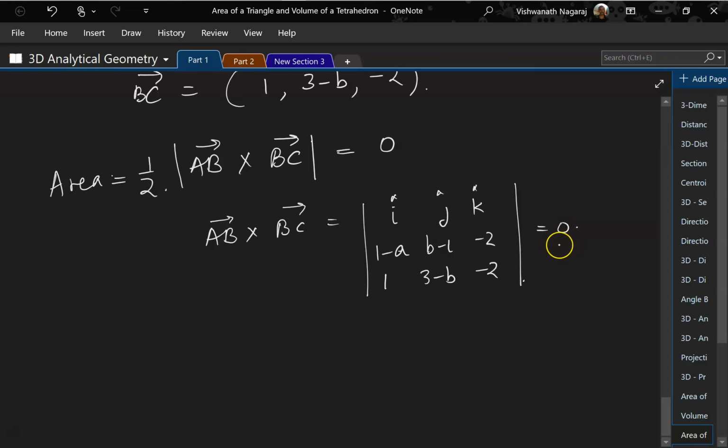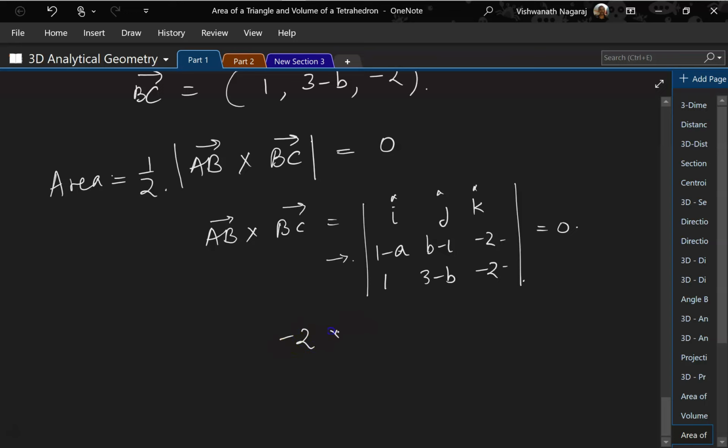Now when will this be equal to 0? Remember in the previous example I mentioned that if one of the rows is a multiple of another row, then the determinant is 0. So here if you notice, this and this both are the same, right? That means you can take it any way. Let's say this second row is a multiple of the third row, and the multiple is what? 1.